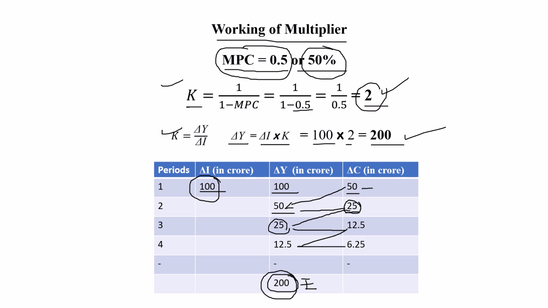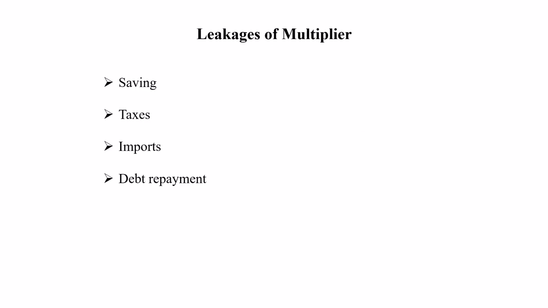The next point is the leakage of multiplier. Which factors mainly influence reducing the size of the multiplier effect, or the leakage of multiplier?